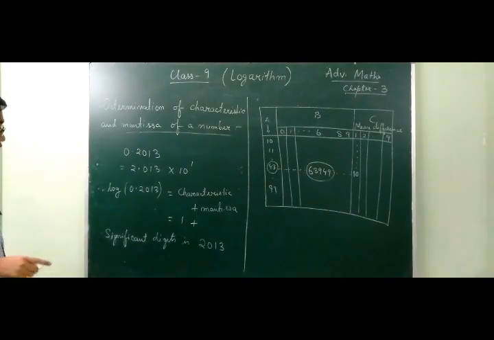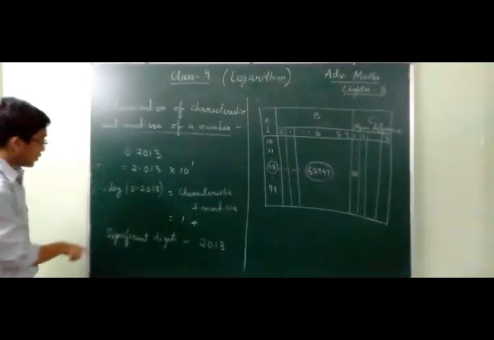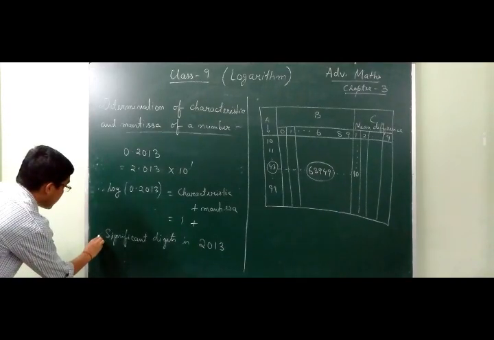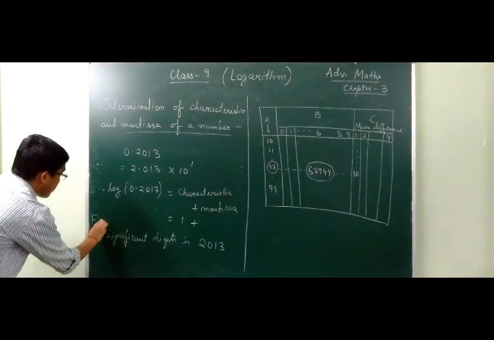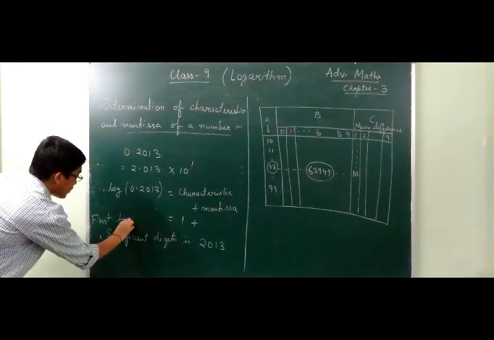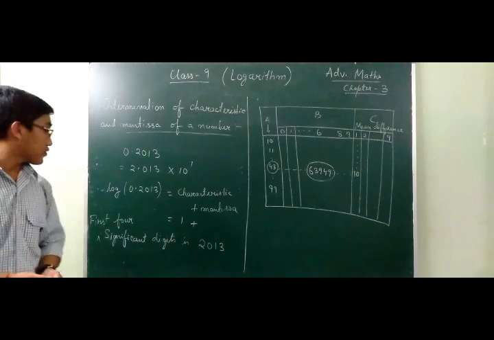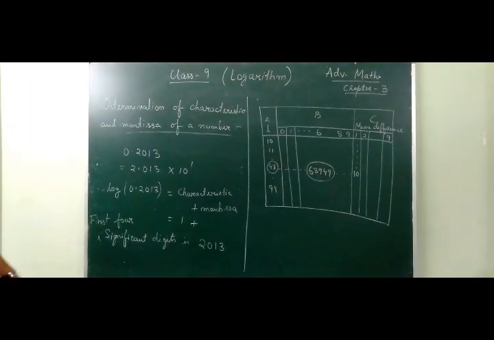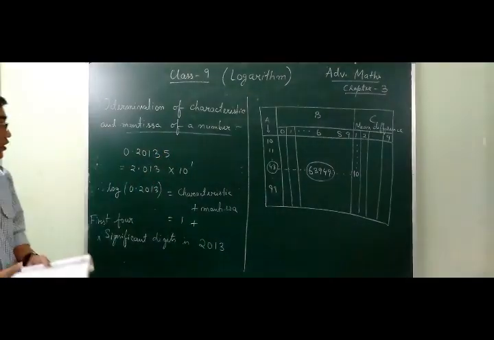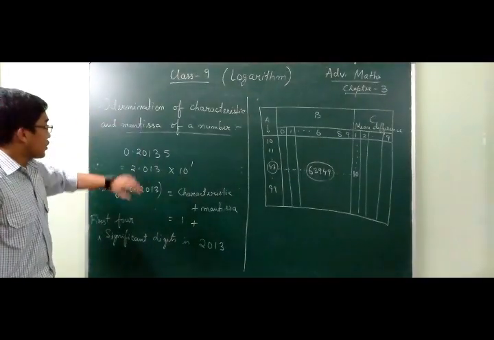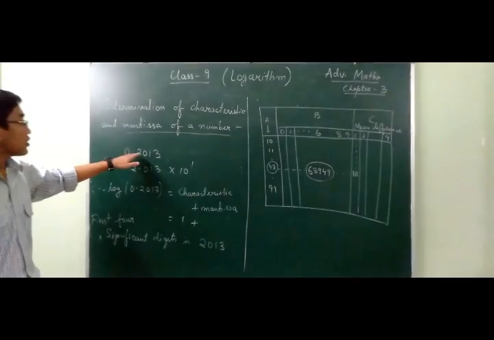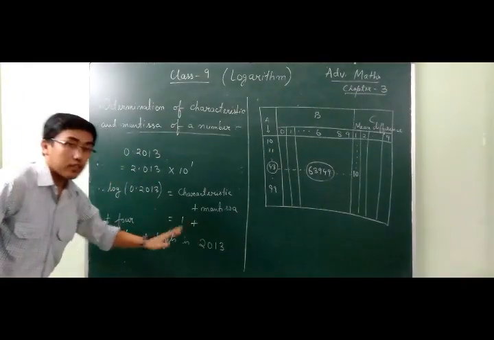One thing you need to note is that you should write the first 4 significant digits. I forgot to mention it in the last one. What is the meaning of the first 4 significant digits? It means that if I have one more 5 here, then you should take only this much. But since our problem has only 4 digits, we are taking 4.